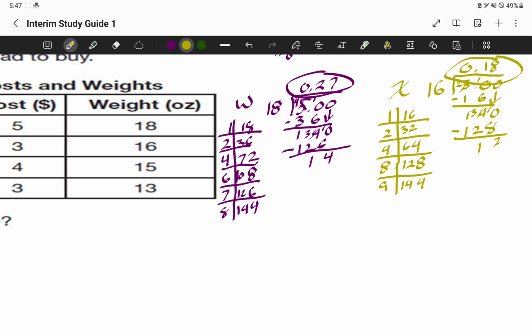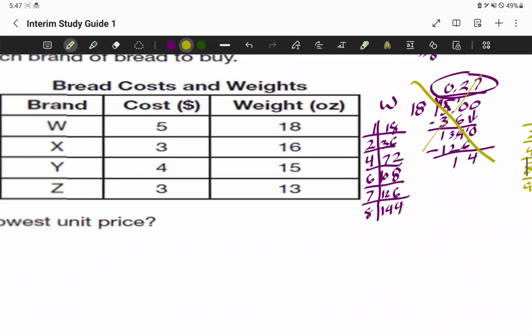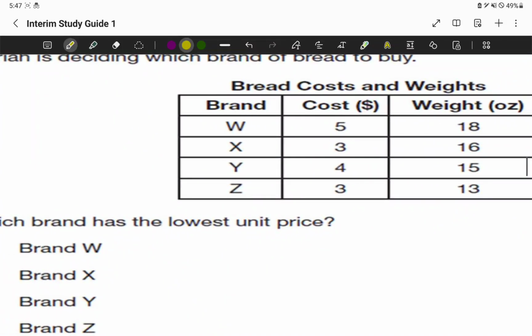Well, since 18 cents is less than 27 cents, brand W isn't going to work. So the cheapest out of those two is definitely brand X.